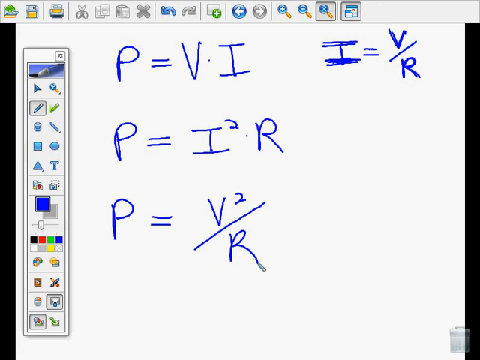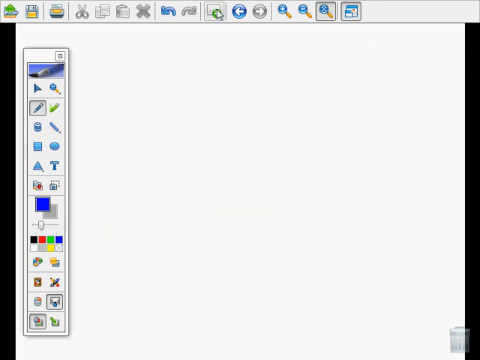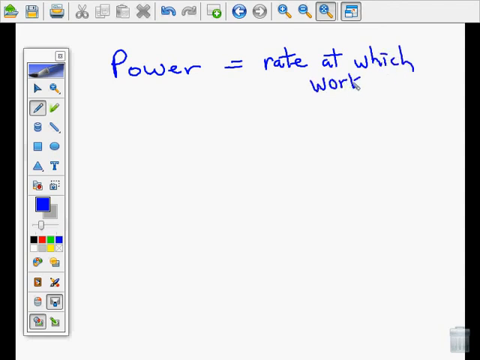sometimes you might not be asked to calculate the power or the rate at which work is done. Sometimes you might just be asked to calculate the work done or the energy used. So let's make a note. There's a distinction. Power is equal to the rate at which work is done.